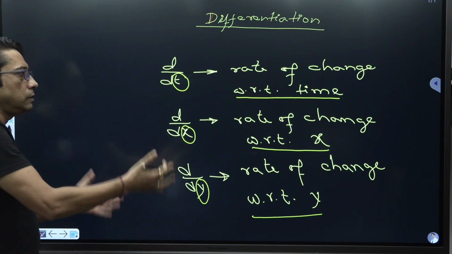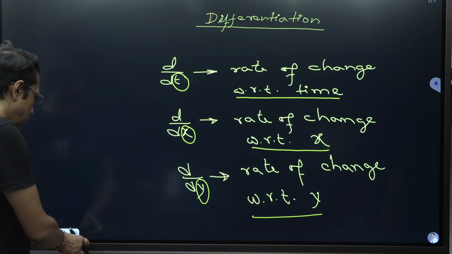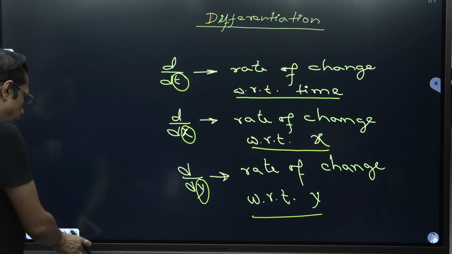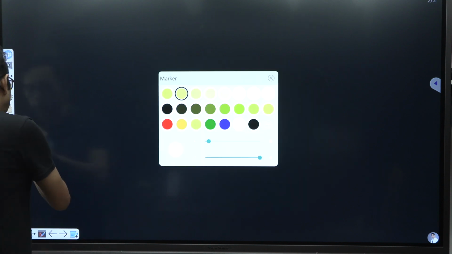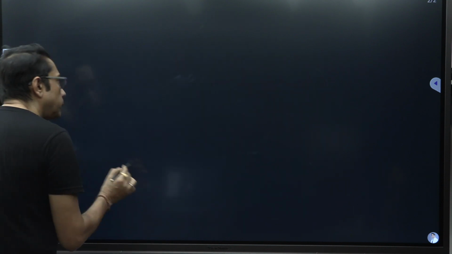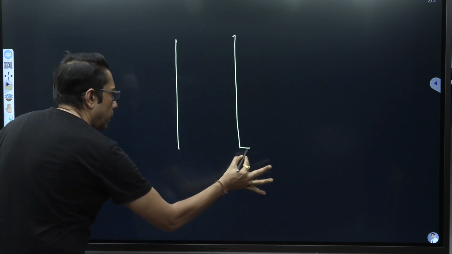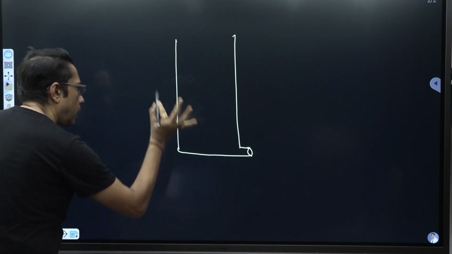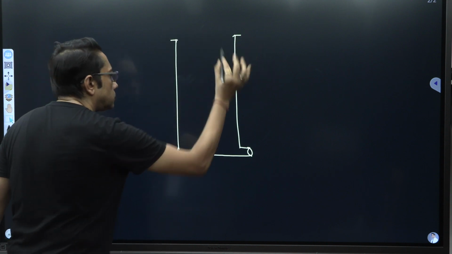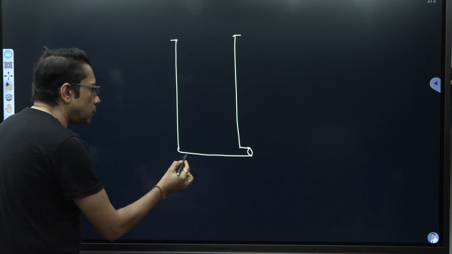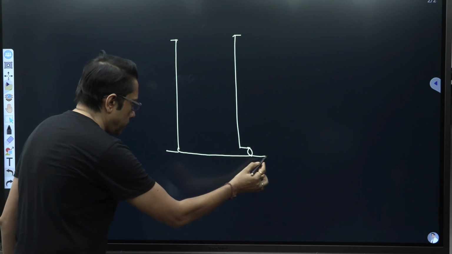Okay. Now what is this with respect to term? To understand this, let us move on to this page. Here, let me draw for you a container. It has a small hole at the bottom. It is placed on a stool, say.